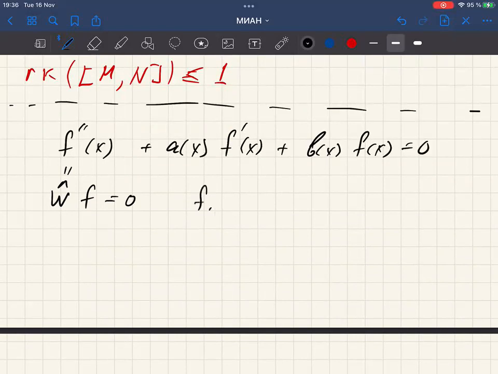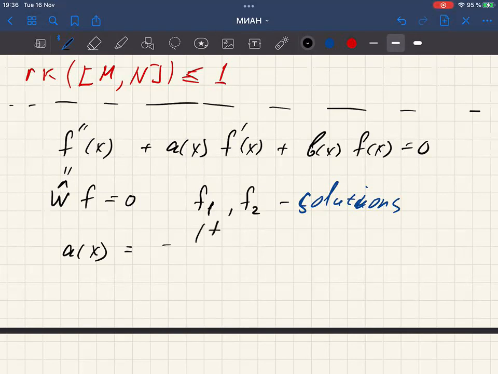Now, if we have two functions f1, f2 solutions, we have a(x) equals minus f1, f2 over the Wronskian.